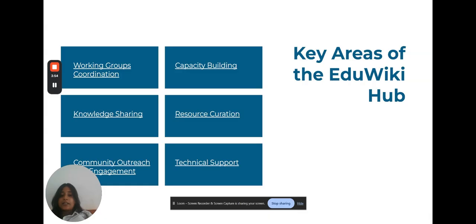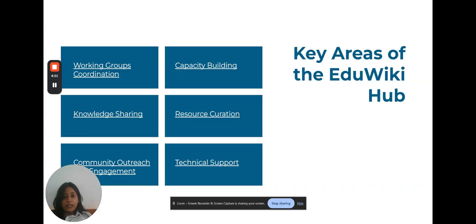Okay, then the next one we have is capacity building. Obviously, you being a member, you would also want to learn or build up more capacities, maybe in some educational areas or any other Wikimedia project which is going on. Within the capacity building, there is a mentor-mentee program going on.